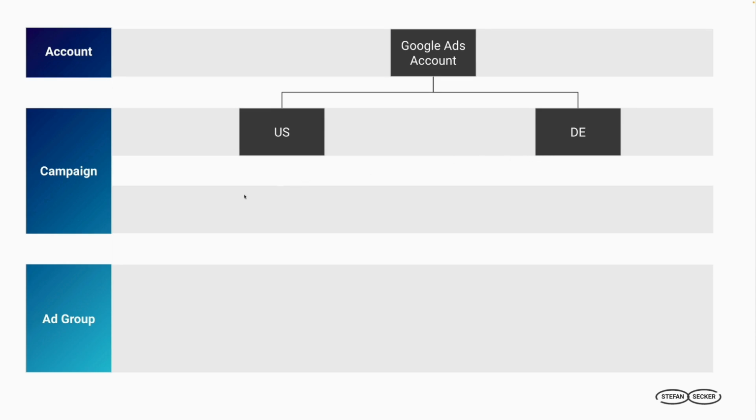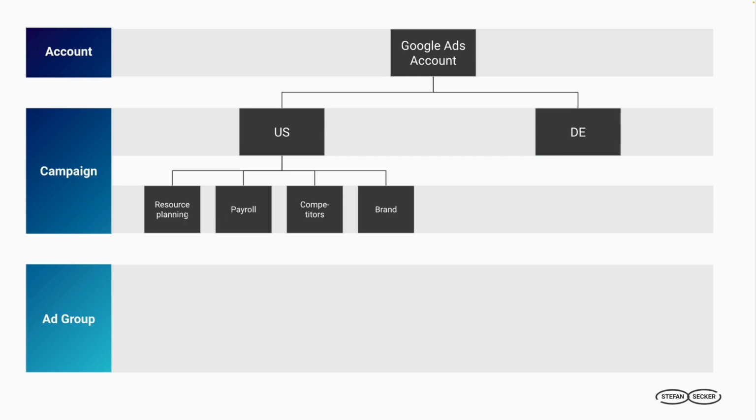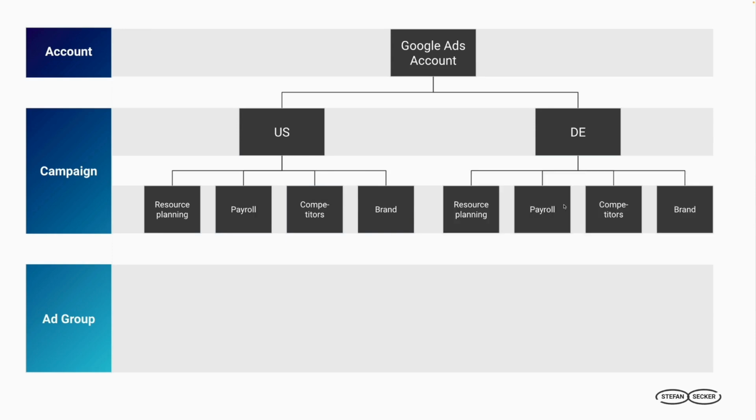And we also want to separate between the different use cases, like payroll and resource planning, for example. On top of that, we'll have a campaign to bid on our competitor brands as well as on our own brand. For the other regions, we will have exactly the same structure.